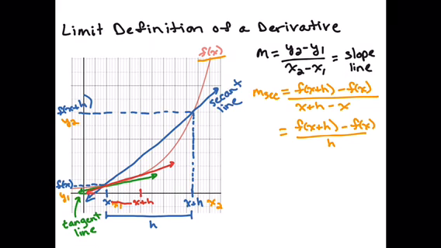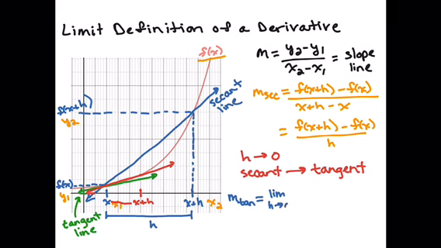So what I see here, as h is getting smaller, my secant line is getting closer to my tangent line. Well, we can use a limit to describe this behavior, and the slope of my tangent line would be the limit as h, the distance between my x values, goes to 0 of f of x plus h minus f of x all over h.